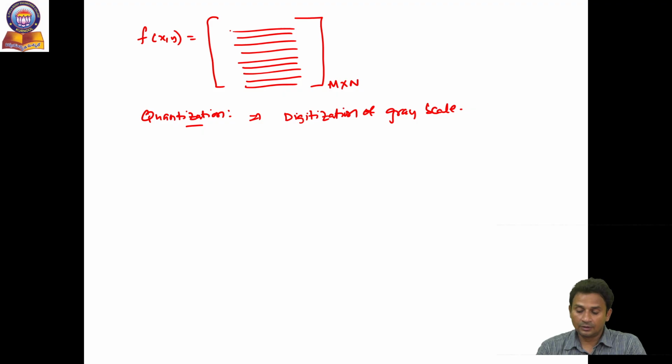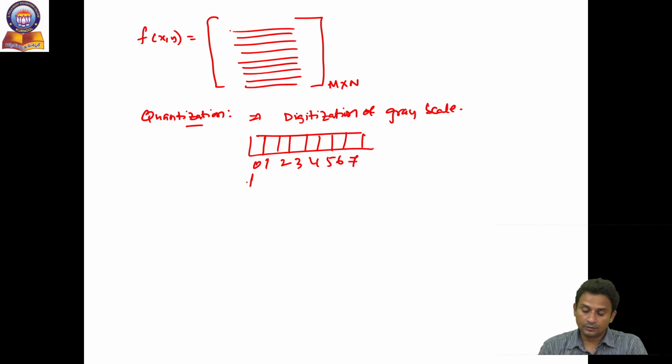If the grayscale is divided into 8 levels, the numbers that you'll get will be 0, 1, 2, 3, 4, 5, 6, and 7. 0 is black intensity and 7 is white intensity.